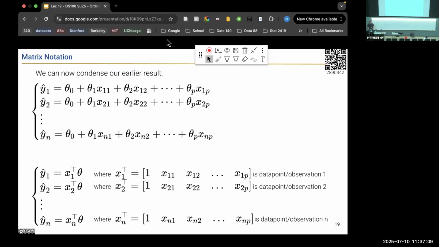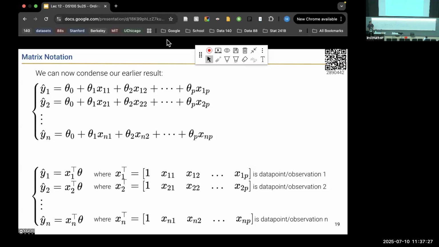Theta is still your vector of parameters, but x1 is really that first row of our data set now. The x1 transpose is the first row of the data set plus this 1 in front.